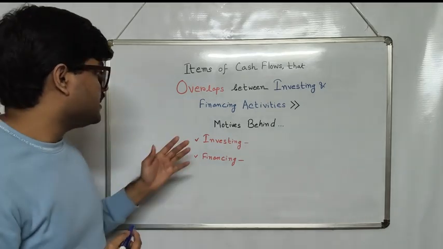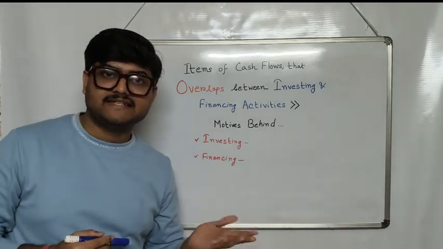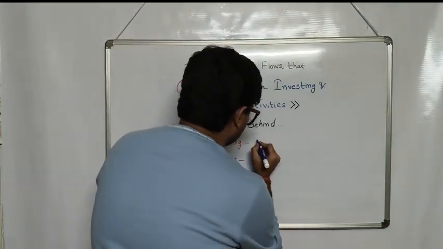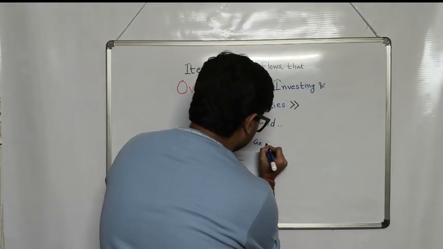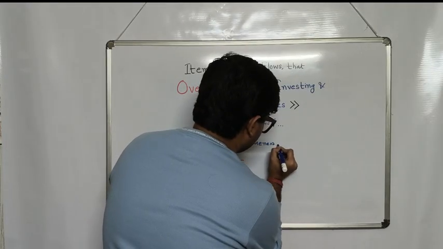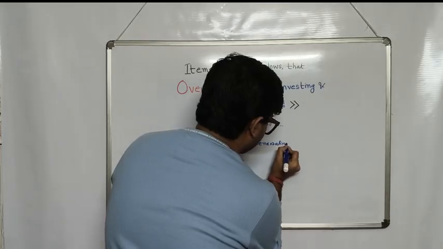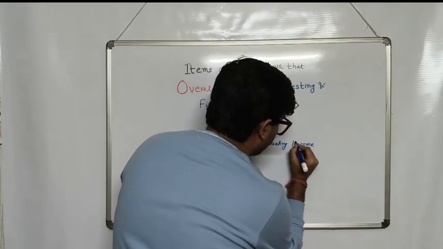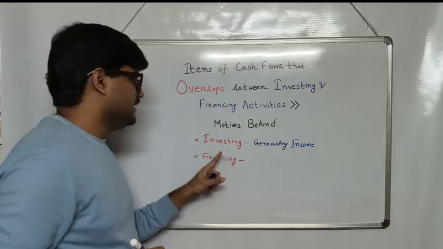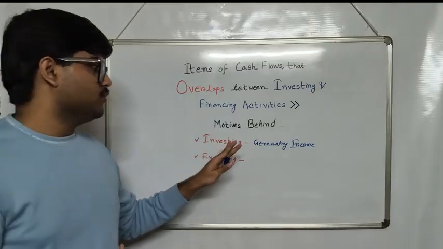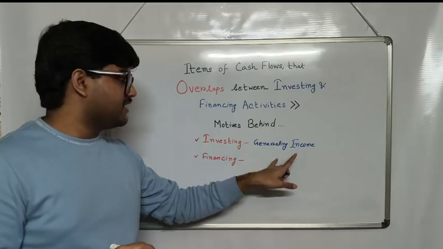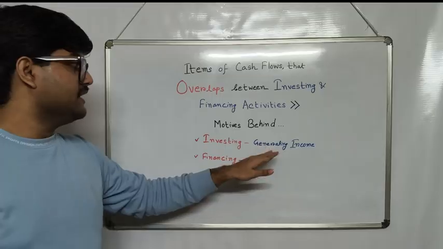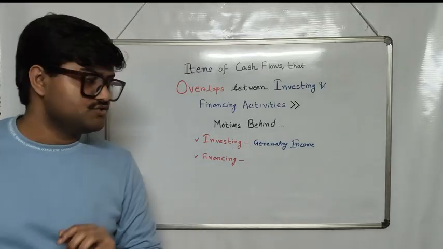You see, when we are talking about investing activities, the motive will be generating income. Okay, so this is the primary motive behind investing activities, that we will only think about the activities that will generate income for us. Okay, that will generate returns for us in the future.